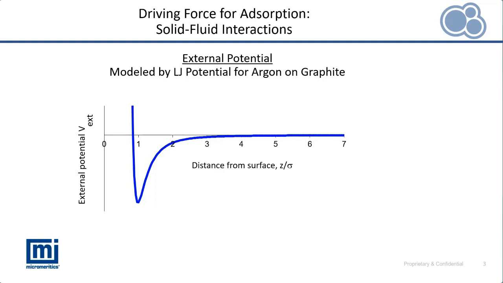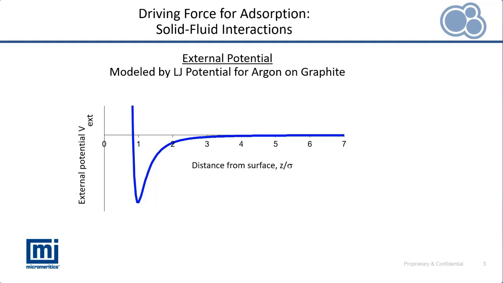But this shape of the potential is representative for any simple gas molecule interacting with flat solid surface. The distance from the surface is scaled in molecular units, Z divided by sigma, where sigma is the diameter of an atom or a molecule.